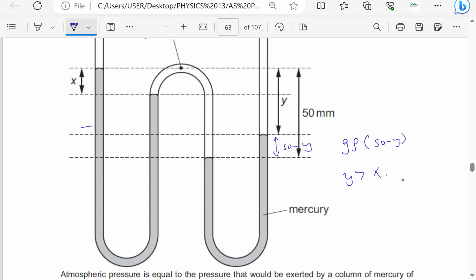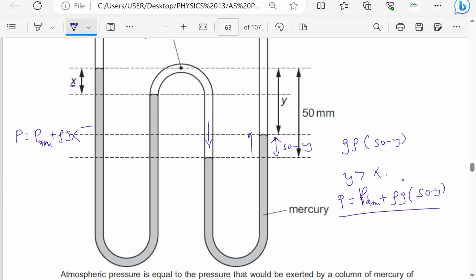On the left-hand side, P is atmospheric pressure plus the pressure due to this depth, which is density times G times X. And on the right-hand side, the same pressure P is atmospheric pressure, because the gas on this side has pushed the liquid to the other side, plus the pressure due to this height, which is density times G times 50 minus y.